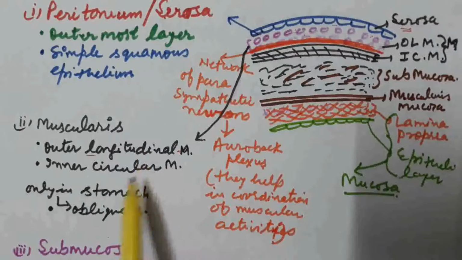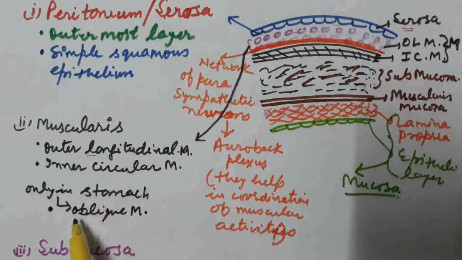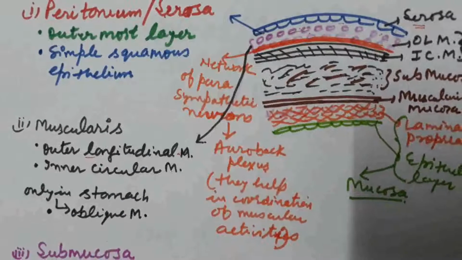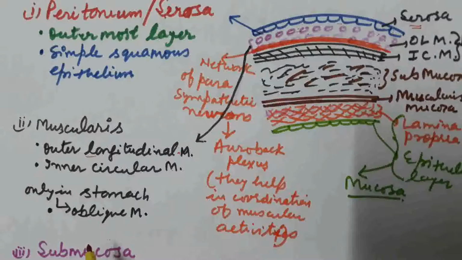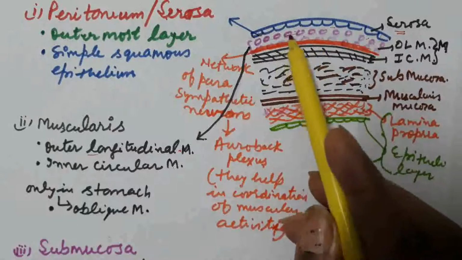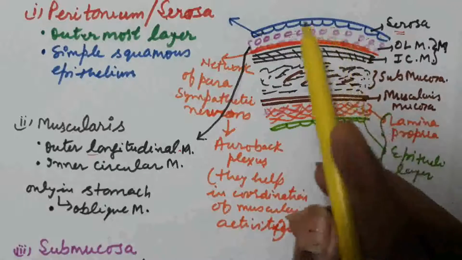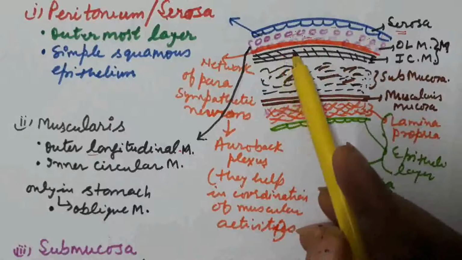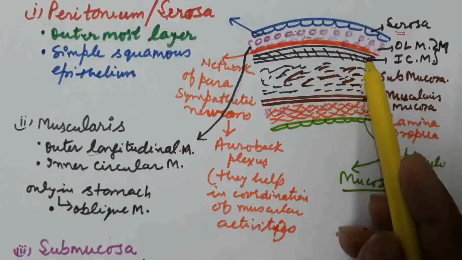Along with these 2 layers, a third layer is also present in the stomach, known as the oblique muscularis. These 3 layers are present in stomach, but in the rest of the alimentary canal there are 2 layers only: the outer longitudinal muscularis, which is present below the peritoneum or serosa, and after that the black colored inner circular muscularis.